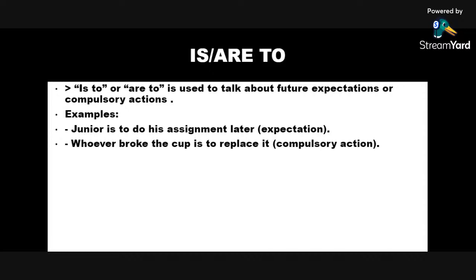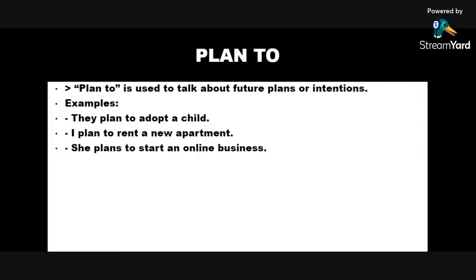Whoever broke this cup is to replace it. Probably you are in a position of authority in that place, and you are giving a categorical instruction. Whoever broke this cup is to replace it. So it's compulsory.